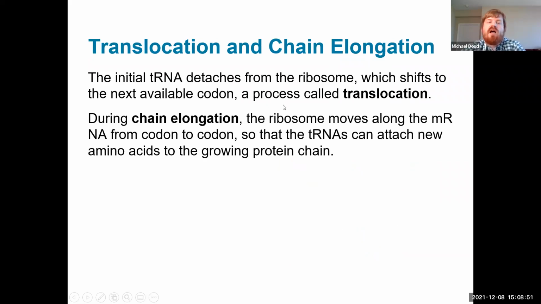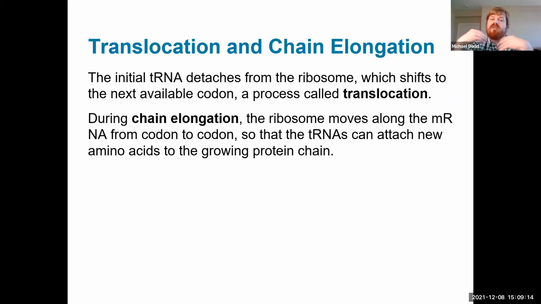Okay, now the next step is translocation and chain elongation. The first tRNA moves on in the ribosome and detaches, and that shifts the whole mRNA complex over to the next codon. This is what's called translocation, the movement of the mRNA in the ribosome.